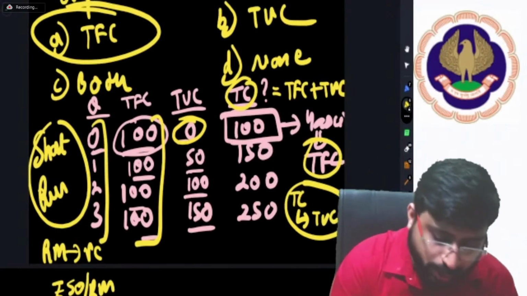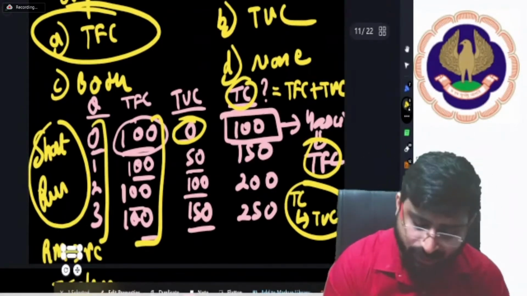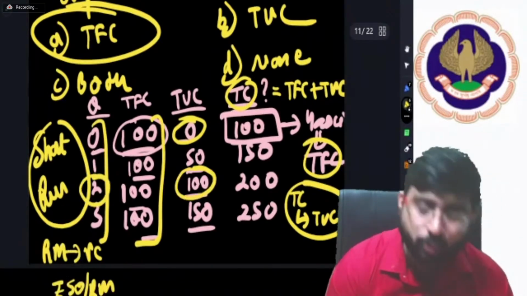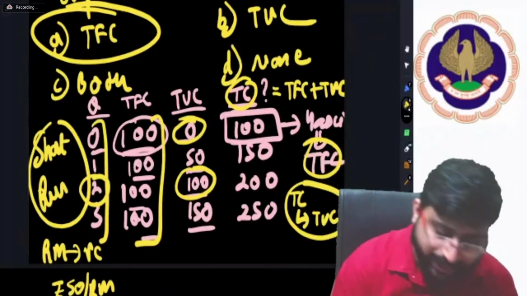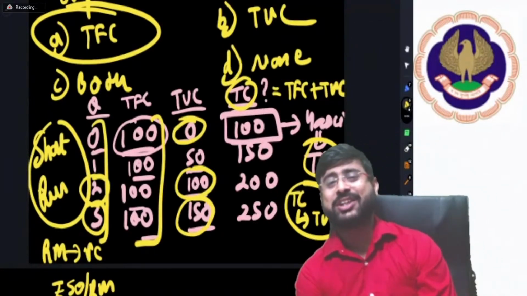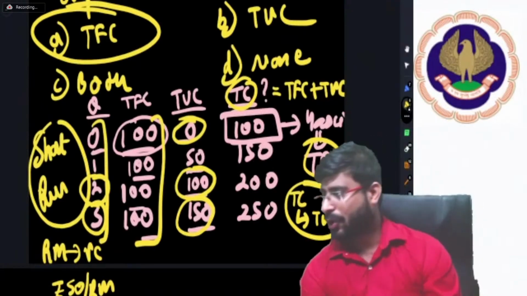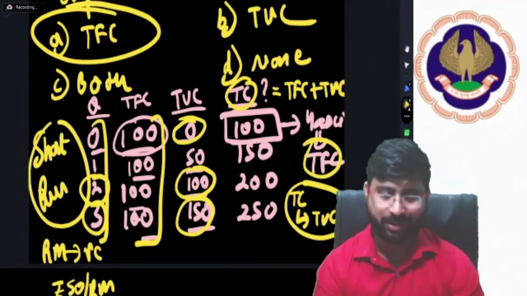But if you produce one packet, you will have to buy one raw material at 50 rupees. If you produce two packets, you will have to buy two raw materials at rupees 100. If you buy three, then 3 into 50 gives you 150. So see, total variable cost is changing with the change in output.